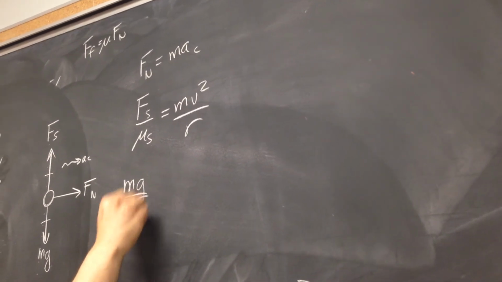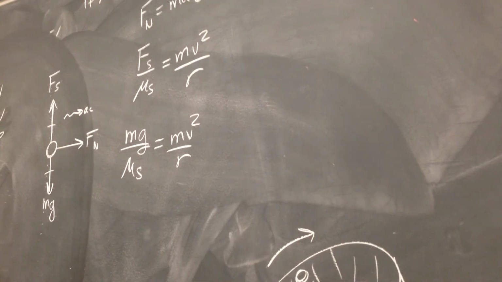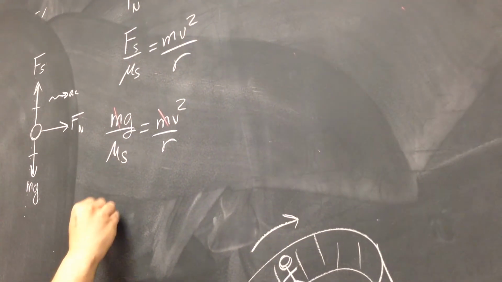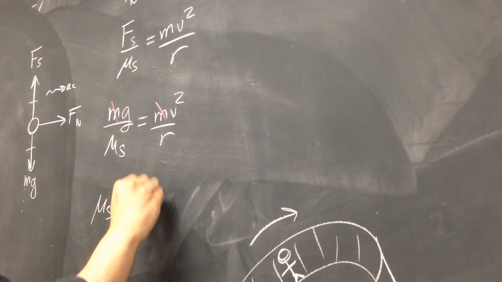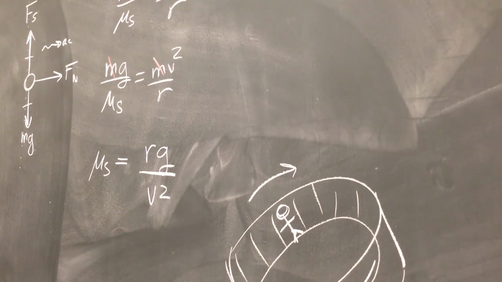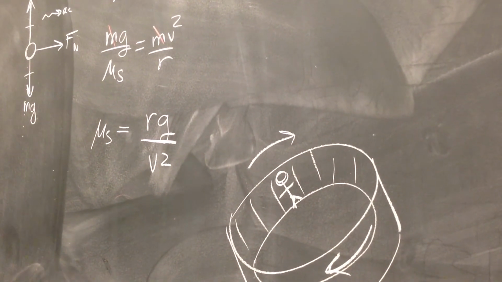We know that the force of static friction is balanced with the weight. But it says the radius, so those masses go away. So our coefficient will be Rg over v squared. And if you have the period, you have to know the radius too, obviously.